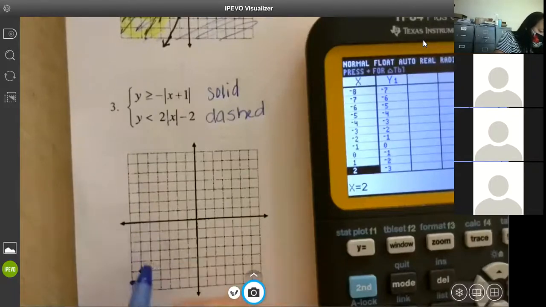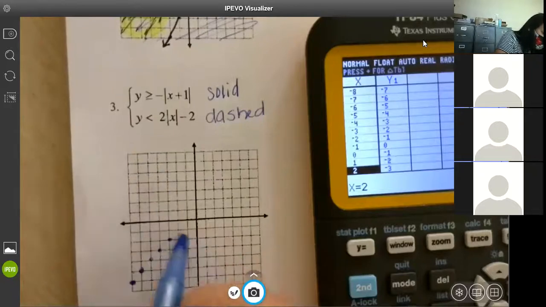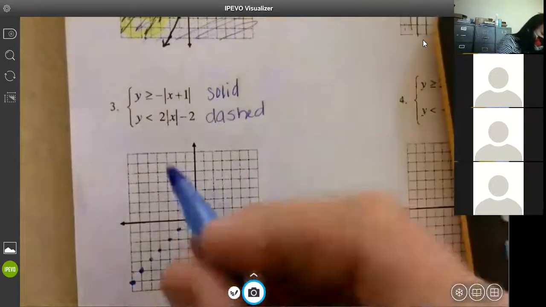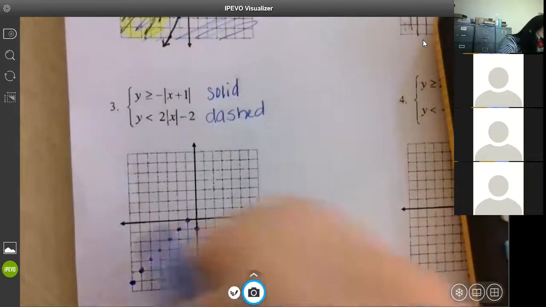And then -5, -4, -4, -3. -3, -2, -2, -1. -1, 0. And then it goes back down. So there's your peak, and now you can get your pattern or your max, whatever you want to call it. And you said it was solid.